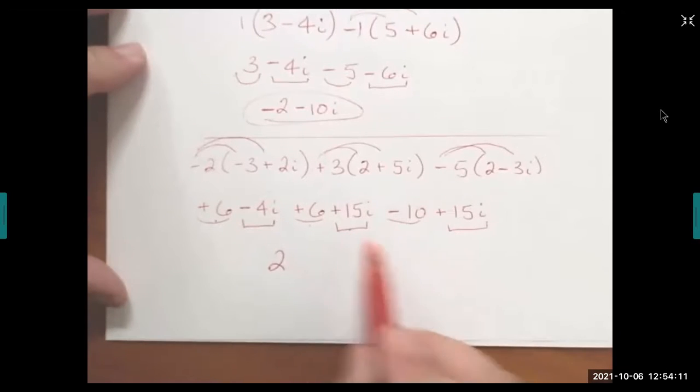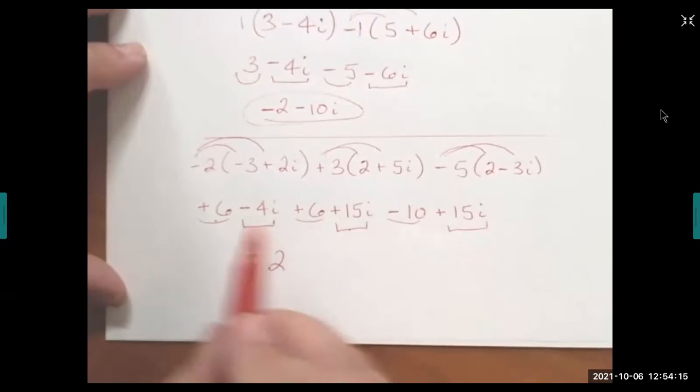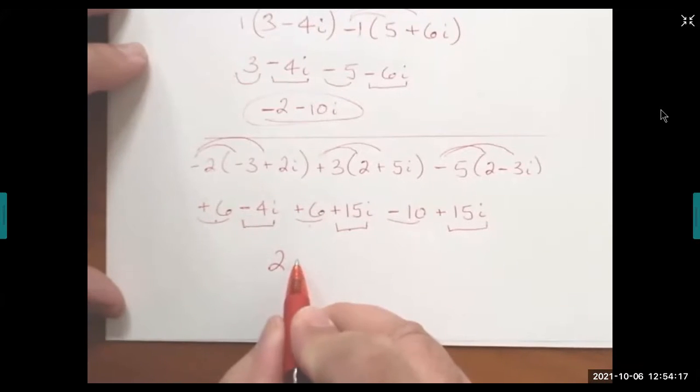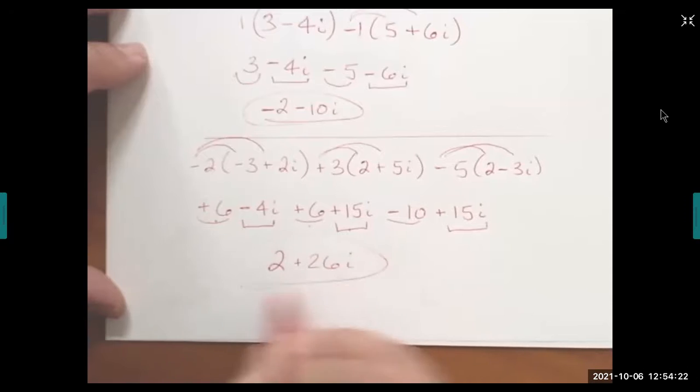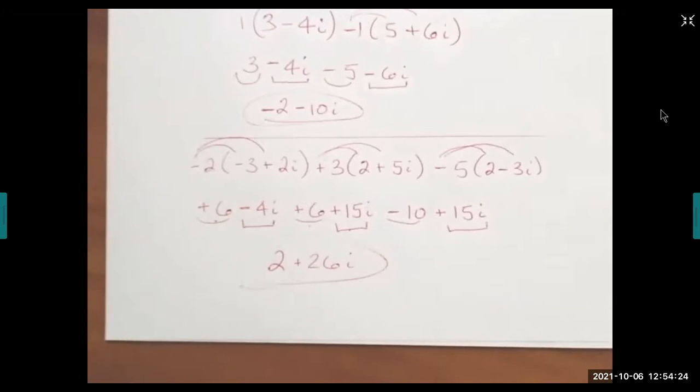I want to add 15i plus 15i. What's 15 plus 15? 30i minus 4i is positive 26i. If you have a series of numbers, you can pick which ones you would put together first. It makes life much easier for you. So that's addition and subtraction.